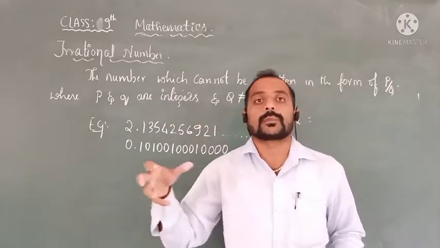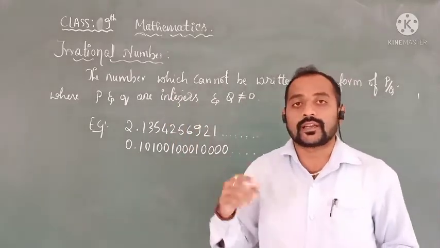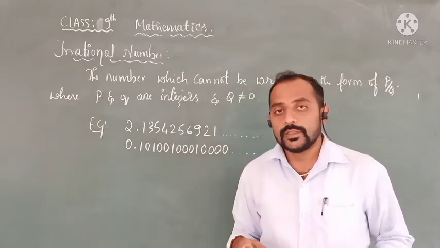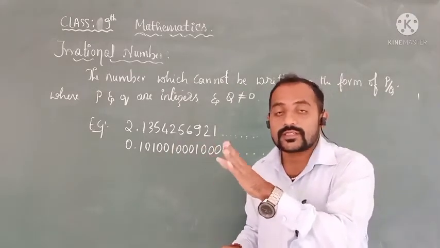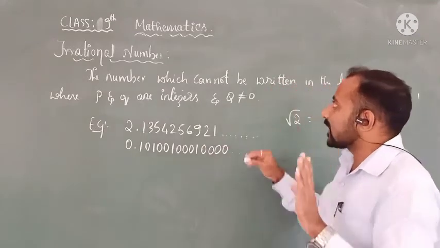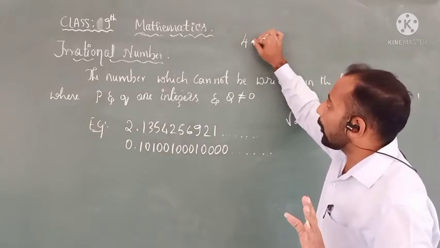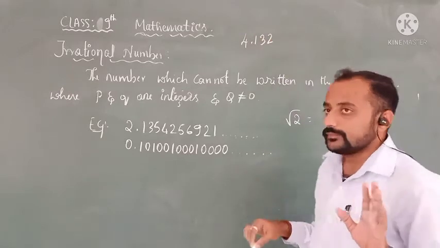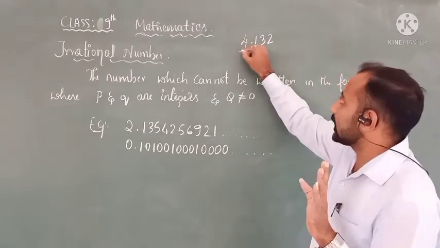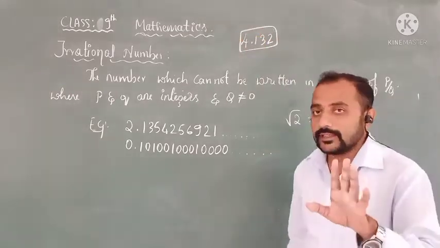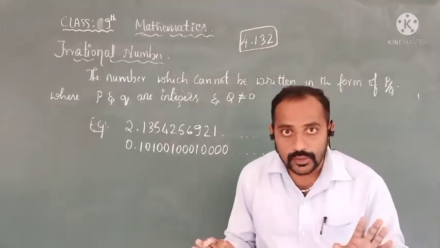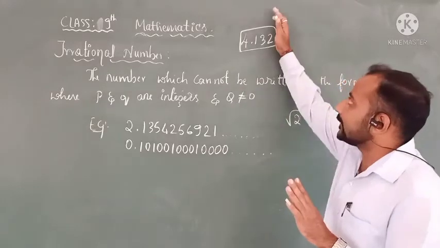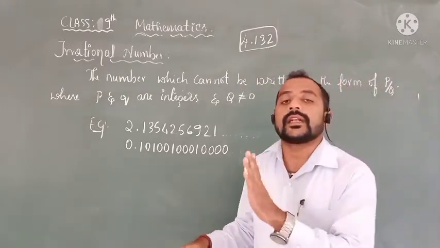What is this non-terminating? First I will take terminating. For example, 4.132. Now observe carefully, there is a decimal number over here. That's all, right? It has ended, terminated.